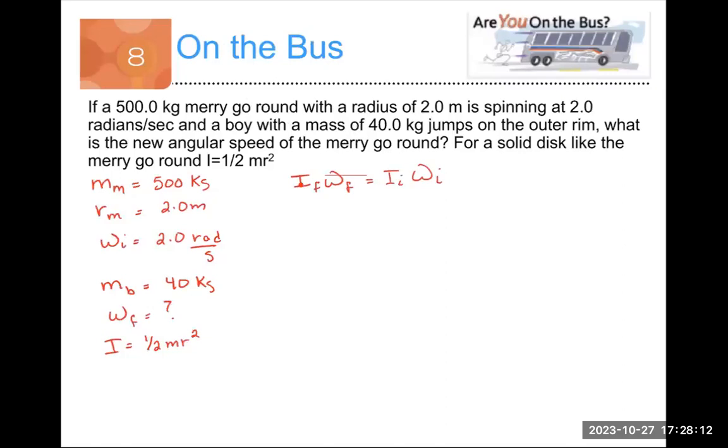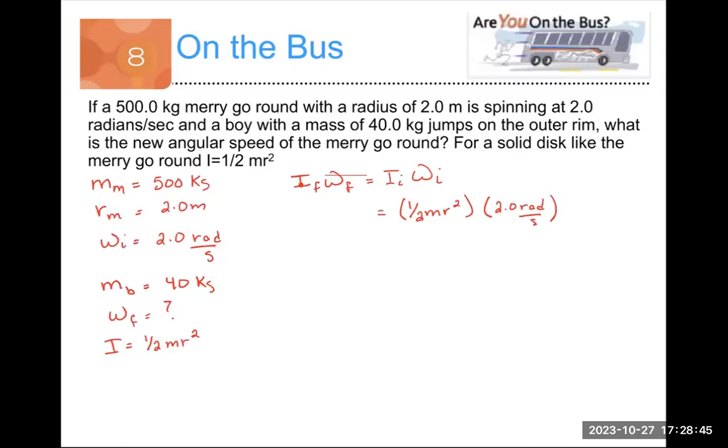Now keep in mind, we're having the boy jump on. So initially we have this merry-go-round. We're told that I equals 1/2 mr squared, and we're told what our initial speed is, and that is 2 radians per second.